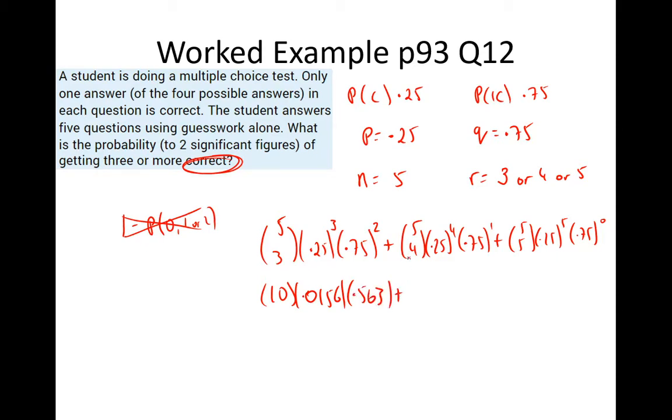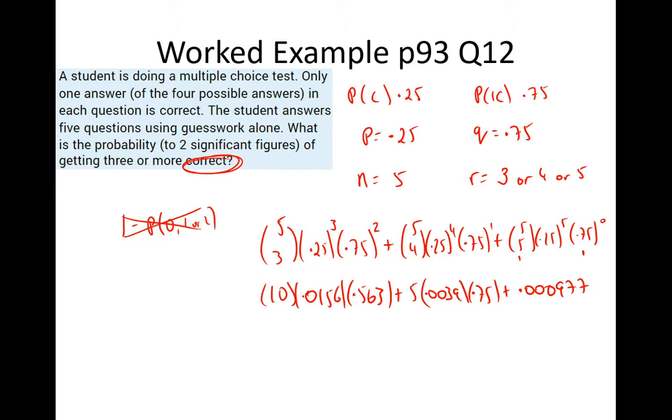Plus 5C4, well, that's exactly the same as 5C1, which is 5. 0.25 raised to the power of 4 comes out as 0.0039, multiplied by 0.75, plus 5C5 is 1. 0.75 to the power of 0, that's 1. So that's going to become 1, that's going to become 1, so don't worry about them. So it's just 0.25 raised to the power of 5, which comes out as 0.000977.